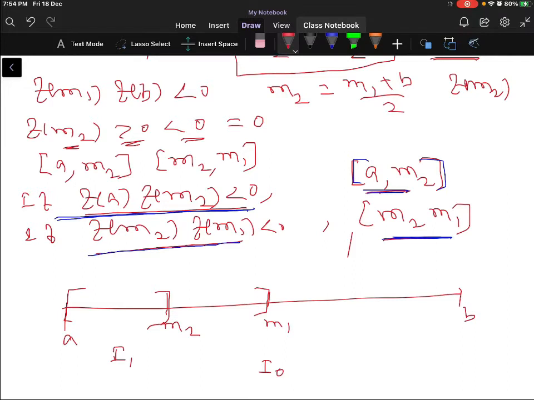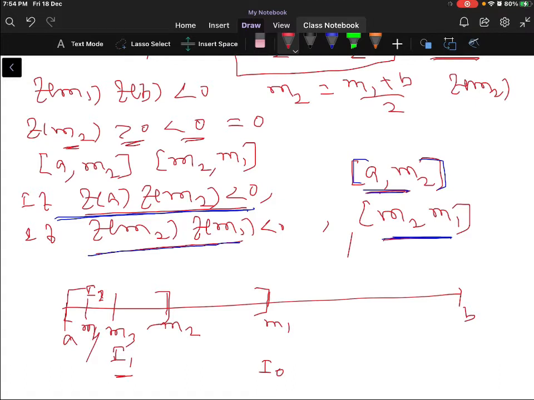So I naught contains I1. Again we bisect the interval a comma m2 and get m3, the midpoint of the interval a comma m2. If f of a into f of m3 is negative, then the root lies in the interval a comma m3, take this as I2. I naught contains I1, I1 contains I2. Again we bisect the interval and get m4.